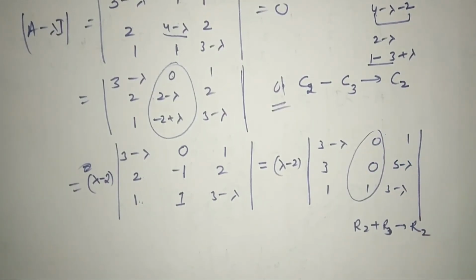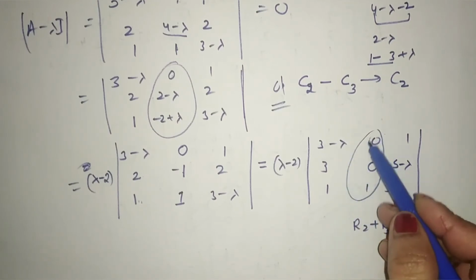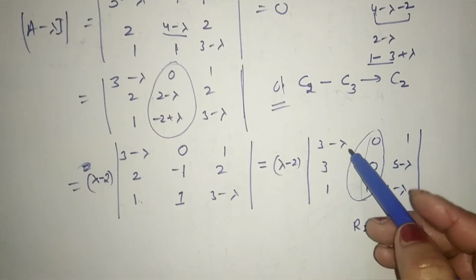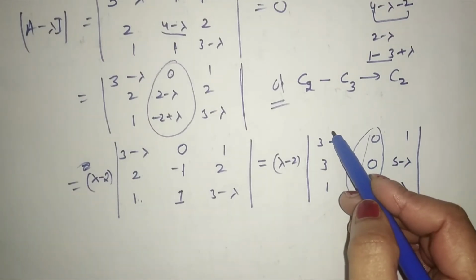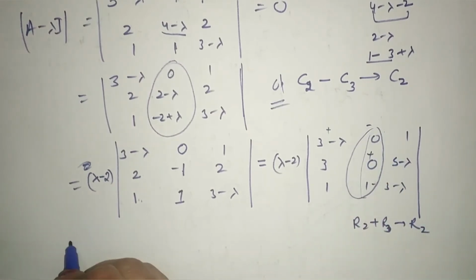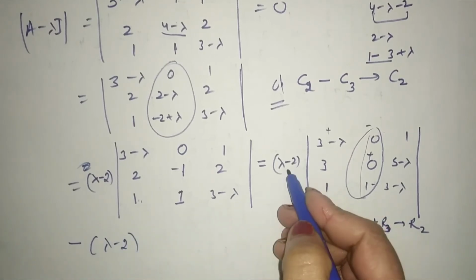You can make two zeros in two rows or two columns. So now we have this thing, so we can expand with respect to the second column. By expanding, we have to write the signs of the cofactors: plus, minus, plus, minus. So minus, lambda minus 2 is already common.